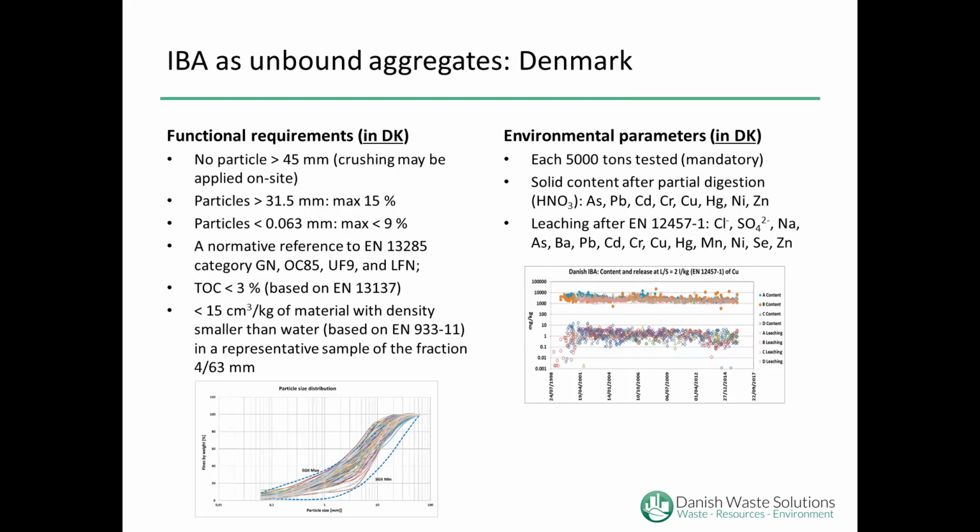And the environmental parameters are determined for each 5,000 tons of bottom ash and include measurements of solid content and measurements of leaching. And because we have done this for many years, and because we test each 5,000 tons, we have thousands and thousands of data points, so we can basically see long-term trends as well.